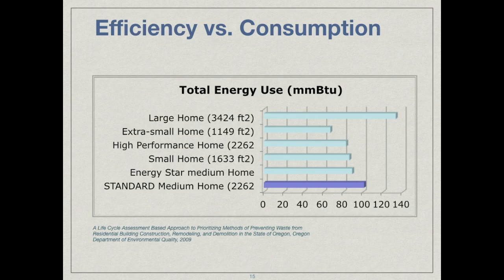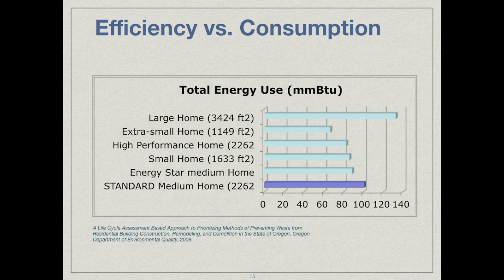To illustrate this, we did some studies about 10 years ago in this research project with the Oregon Department of Environmental Quality, where we did life cycle assessment on a number of different buildings. And so this was one of the surprising results of that. If you take a standard size home, you make it Energy Star, it gets more efficient, the consumption goes down.